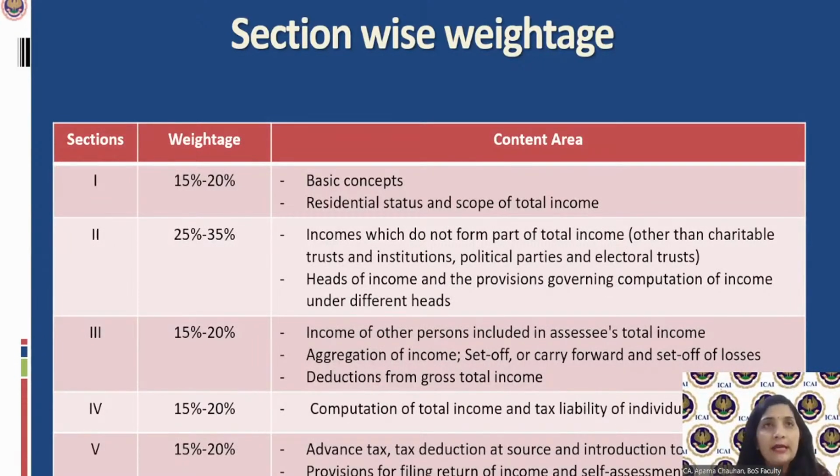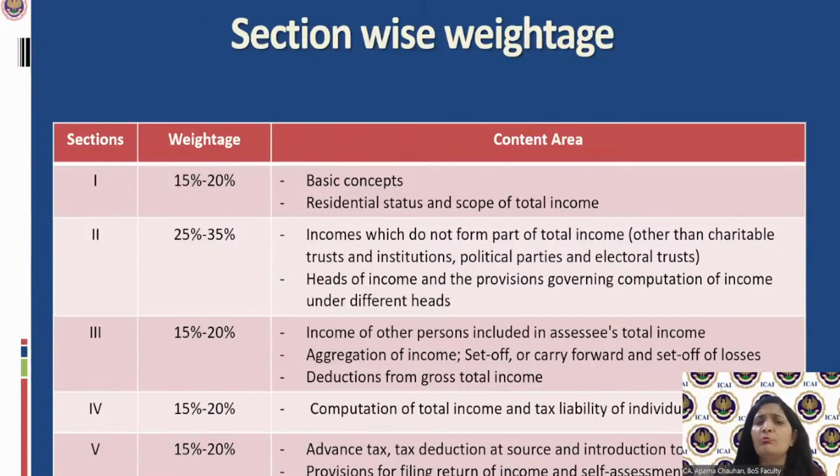By way of study guidelines, there are certain topics which we have excluded from your syllabus. From these provisions also, like in case of PGBP, there are certain exclusion lists from your PGBP section, from your capital gain section, right? From your deductions, like deductions in respect of profit-linked deduction are not tested at the intermediate level.